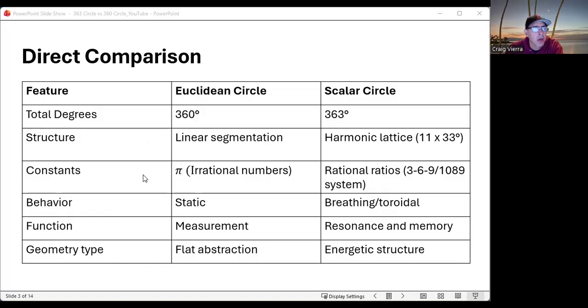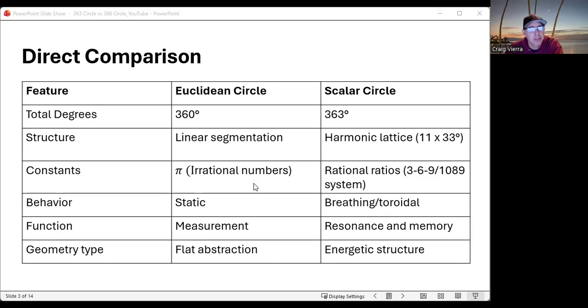Also, when we talk about constants used with these two circles, pi is used a lot in the Euclidean circle. Of course, pi is an irrational number, meaning it doesn't repeat and just goes on to infinity.